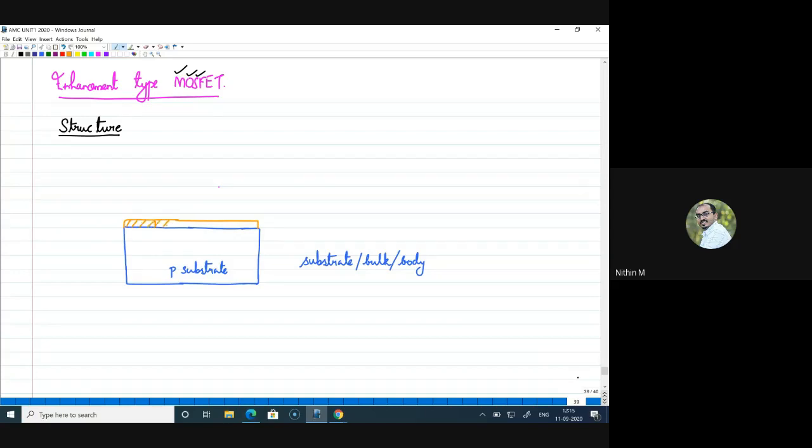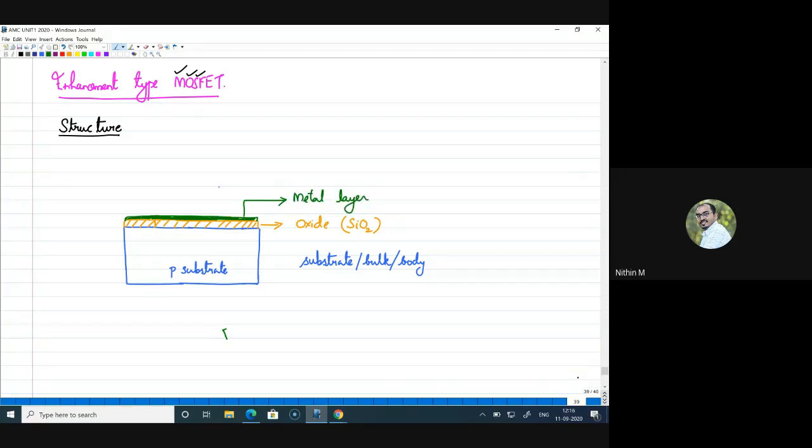So this is your oxide layer, and on the top of the oxide layer, we have another metal layer. Here I'll mark this is the oxide layer, and this oxide is typically silicon dioxide, SiO2. And on the top, what you have is your metal layer.